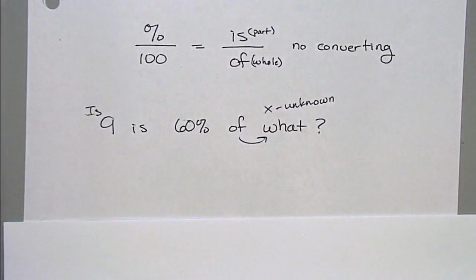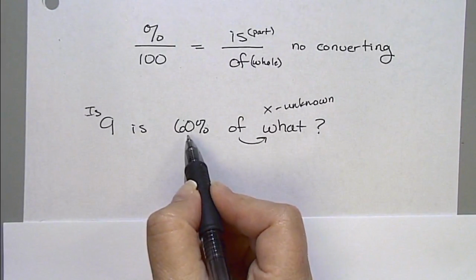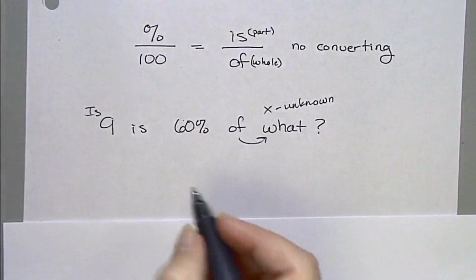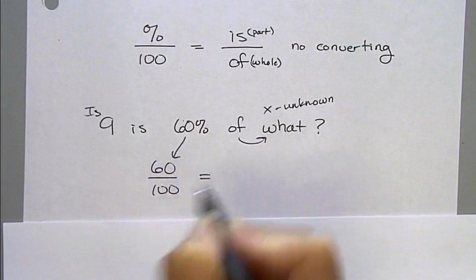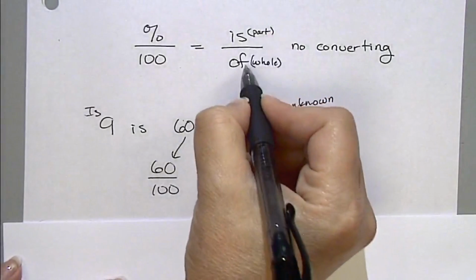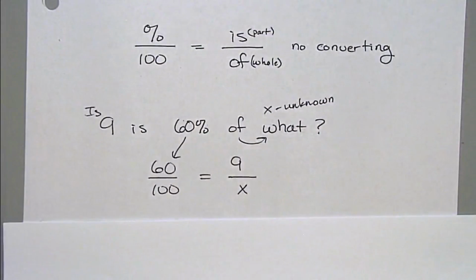When I go to put the percent into my formula, I'm not going to convert the 60 to a decimal. 60% means 60 out of 100, so I am just writing 60 over 100. Whatever that number is goes over 100, because that's the definition of percent. So 60 over 100, and then I need the is over the of. So we're going to have 9 over my unknown, which is x.